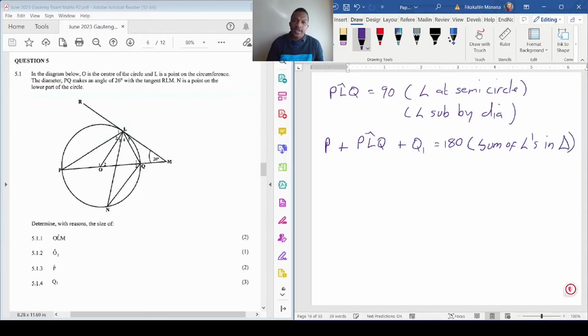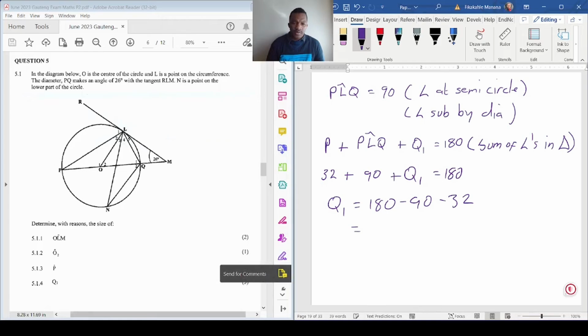Okay, so P, we've solved it to be 32 degrees, plus PLQ, we've solved it to be 90, plus Q1 is equal to 180. Then Q1 is equal to 180 minus 90 minus 32.